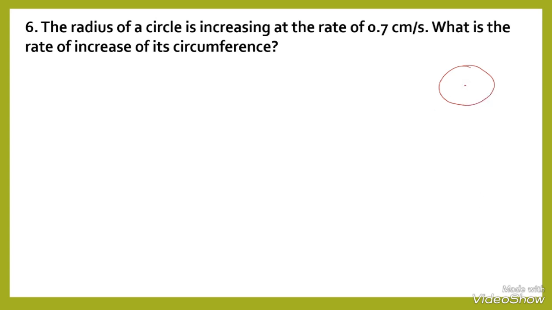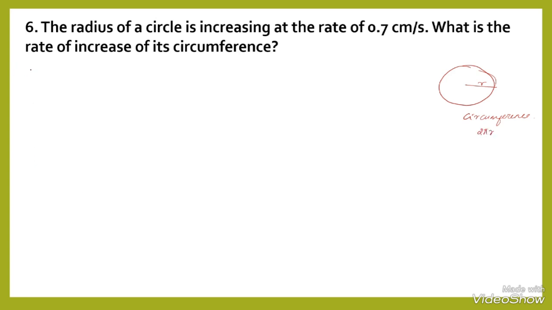There is a point, the origin, and a radius. From this point, the whole covering of points is called the circumference. The circumference of the circle will be 2 pi r.